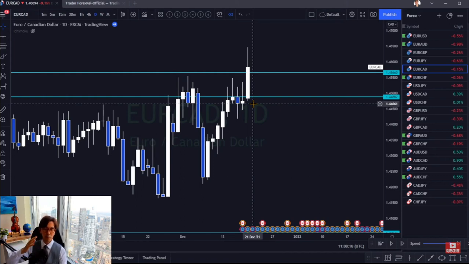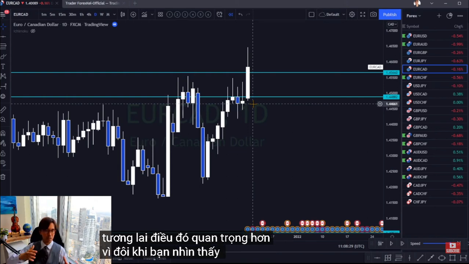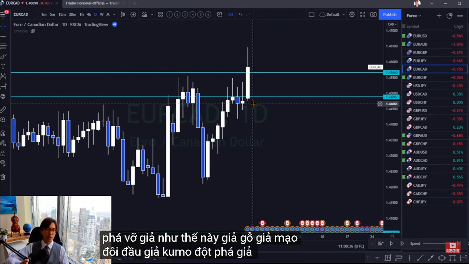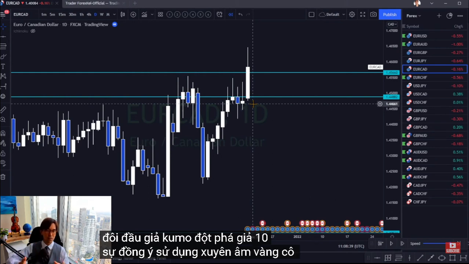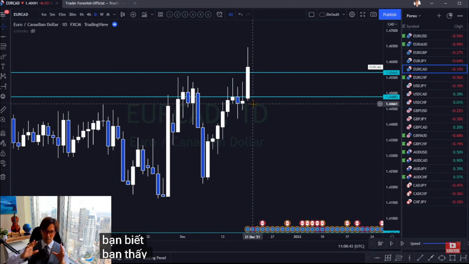The most important part of backtesting is not to verify what works in the future, but to verify what doesn't work in the future. That is more important because sometimes you see a fake breakout like this, fake pin bar, fake double top, fake Kumo breakout, fake Tenkan-sen, Kijun-sen gold cross, dead cross, fake Chikou-span breakout, fake time cycles. You see many fakes.